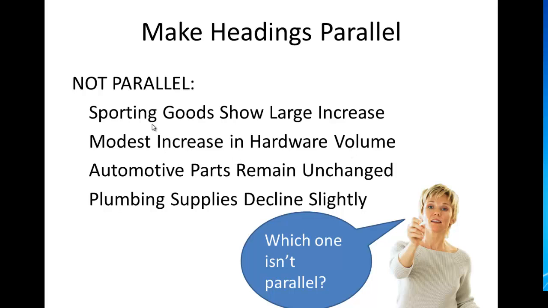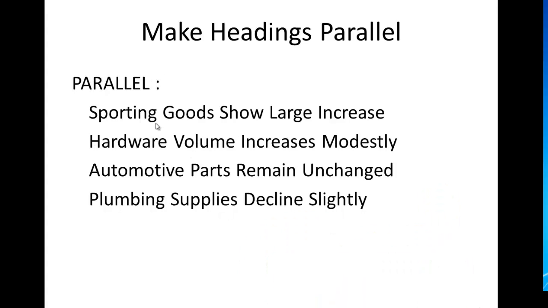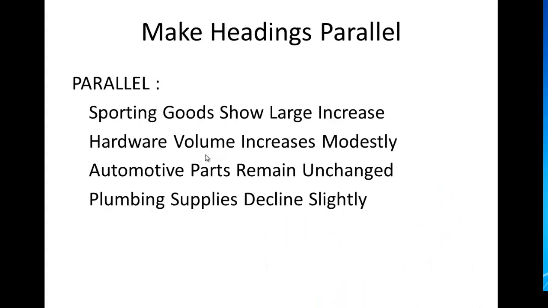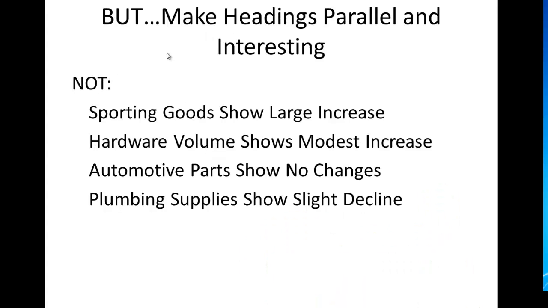So we have sporting goods show modest increase, automotive parts remain unchanged, plumbing supplies decline slightly. We want to make this parallel, and the way we do this is like this. We change the second one to hardware volume increases modestly. See the difference? So that's what we would do to fix that.